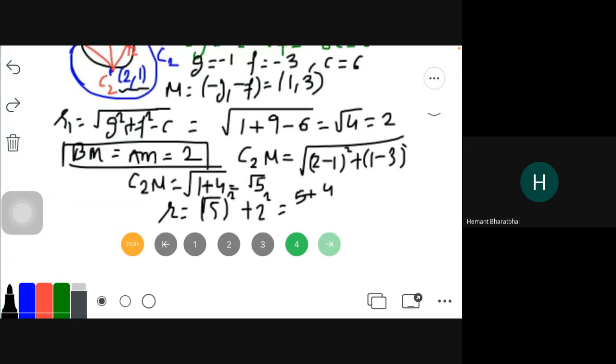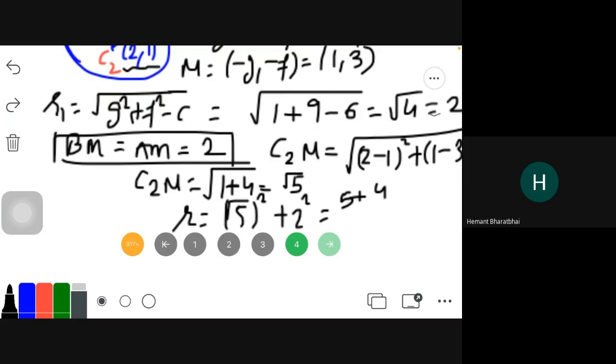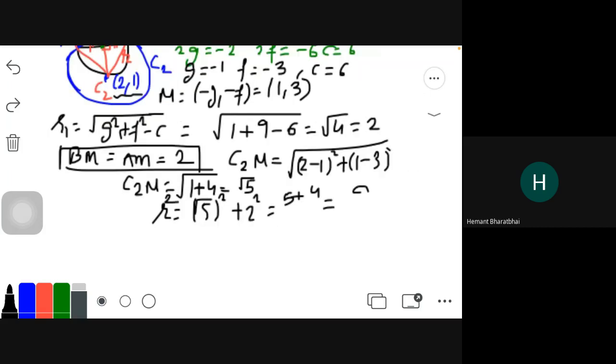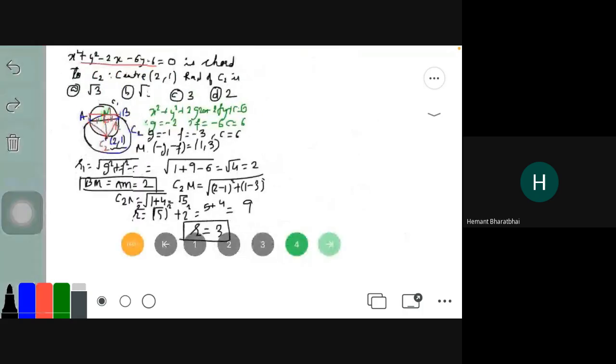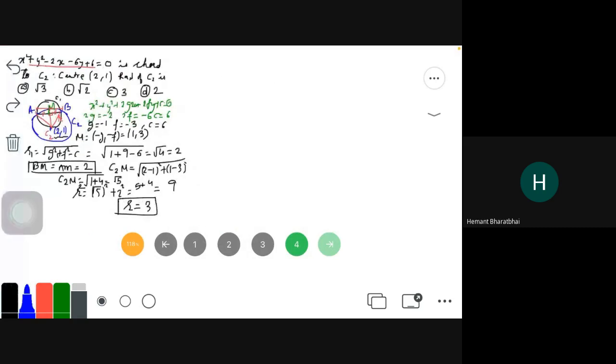Okay, this will be R square, sorry. So I'll get 9, so the value of R will be the square root of 9, that is 3. So what is the answer? Option number C is our answer.